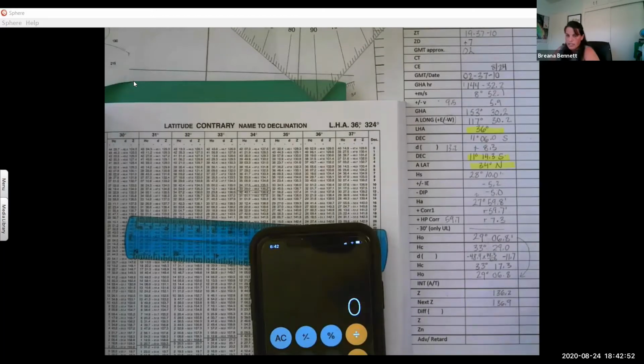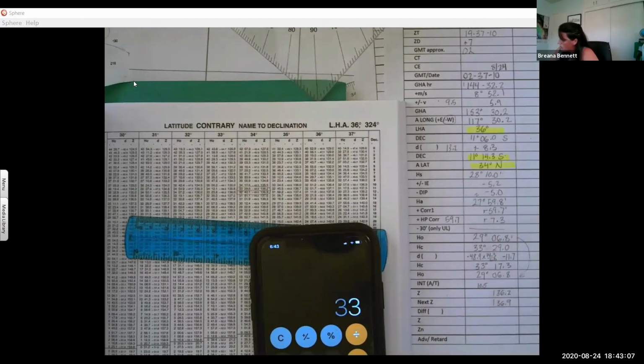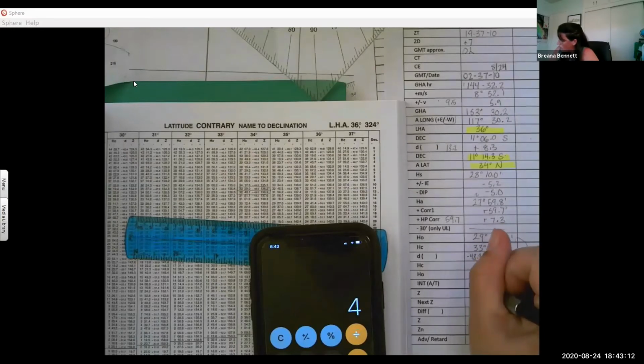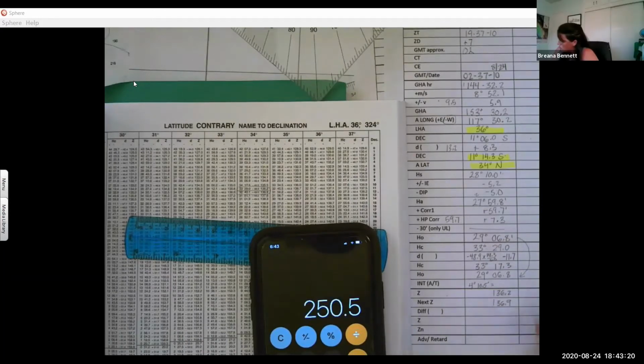To get the difference here, a bigger one is on top, so I'll do 17.3 minus 6.8, which gives me 10.5. 33 minus 29 gives me 4 degrees. So 4 times 60 plus 10.5 gives me 250 miles.